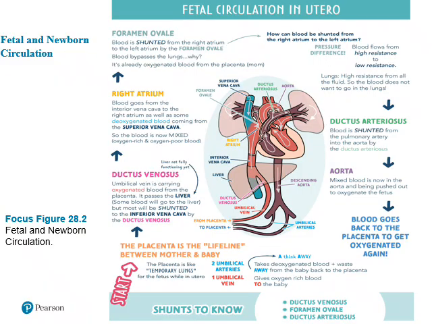So let's take a look at the fetal circulation, or how the fetus circulates its own blood. The first blood cells in utero arise in the yolk sac by the end of the third week.